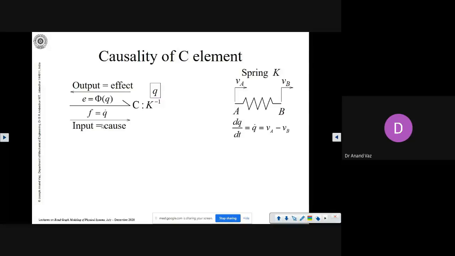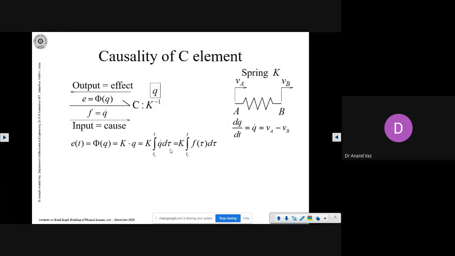Now let us look at it from the cause effect point of view mathematically. We can see that we got the integral of the flow, which is the integral of q dot, multiplied with k, and the integral was from some initial time to the present time t, and that's why we have taken a dummy time variable tau.